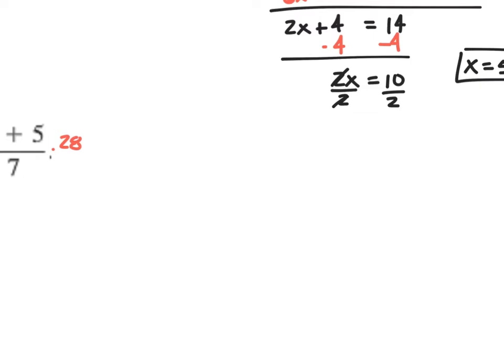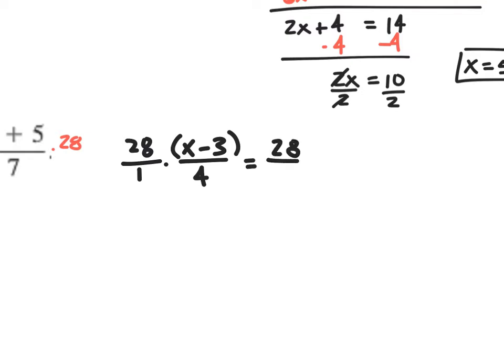So let's take 28 over 1 times x minus 3 over 4, okay, so I've got that value, is equal to 28 over 1 times 5 over 14 minus 28 over 1 times x plus 5 over 7.